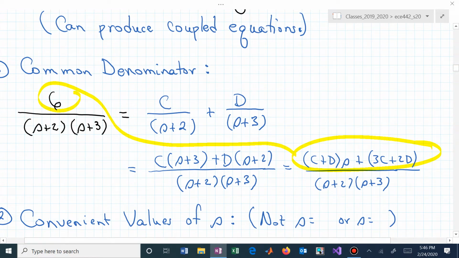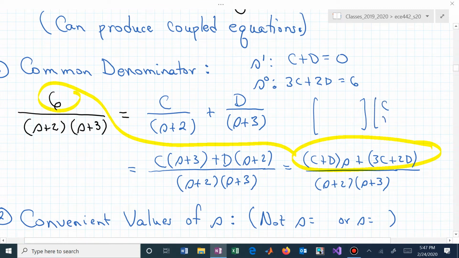That forces C plus D to equal 0. That's from comparing the s to the 1 coefficient. And the constant coefficient, or the s to the 0 coefficient, says that we have 3C plus 2D equaling 6. And we can now put that into a matrix, if you like matrices.